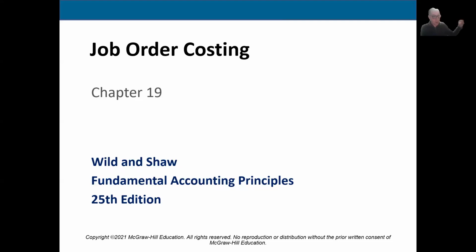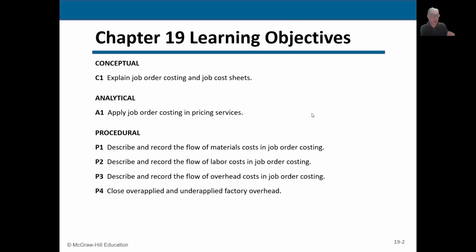We start the manufacturing process when we receive the customer's order. That is exactly what job order costing is all about. We track the cost based on the individual customer order. We call it a job order. So let's talk about these job order concepts.